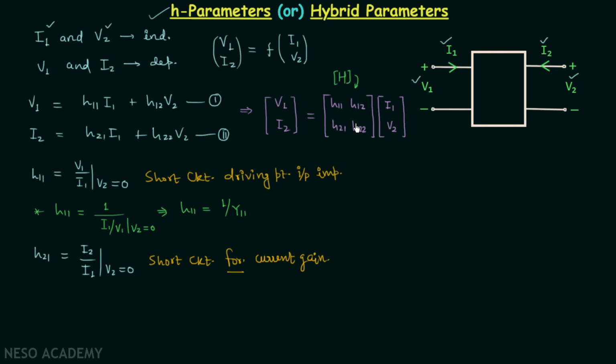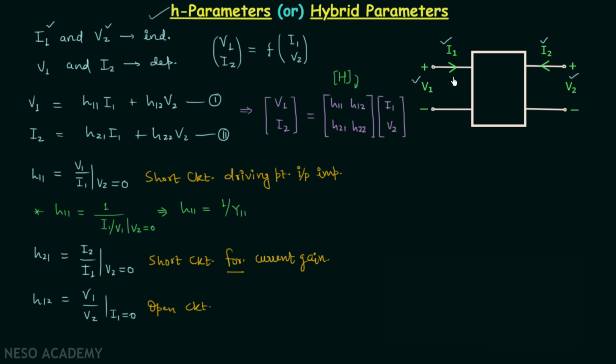Now we will find H12. H12 will be equal to V1 divided by V2 when I1 is equal to 0. So H12 is equal to voltage V1 divided by voltage V2 when current I1 is equal to 0, and its name will be open circuit because I1 is equal to 0.